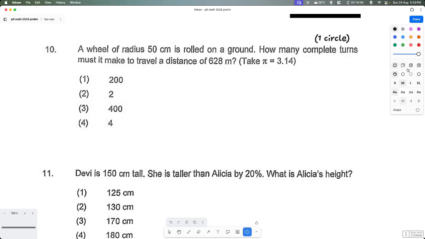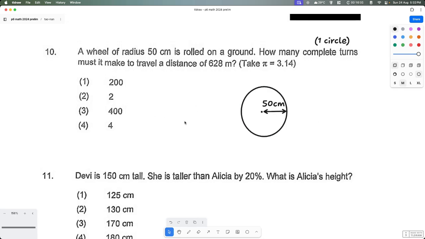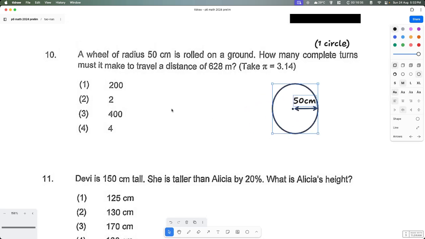So I'm going to draw a radius over here, put a dot and the arrow. This over here is 50 centimeter. A wheel of a radius is 50 centimeter. So how many complete turns must it make to travel the distance? One circle to get 628 meters.